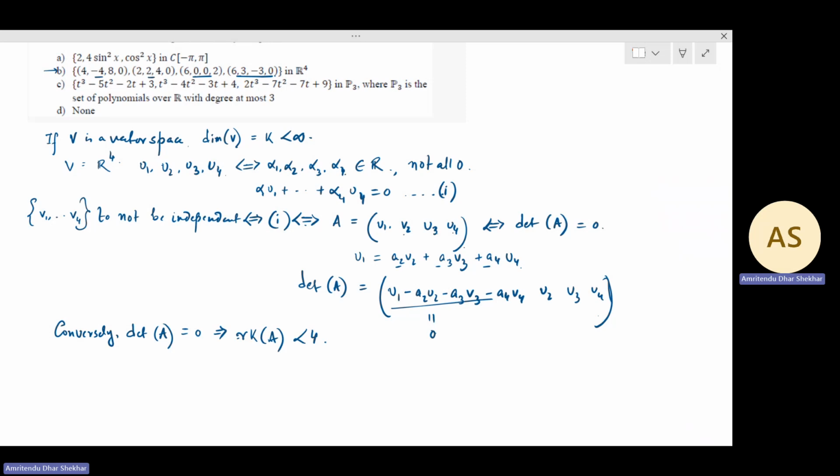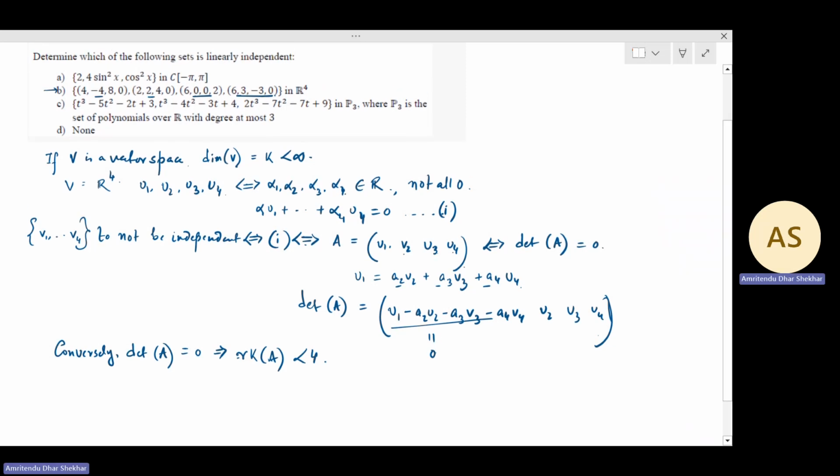Which in turn implies that one of the columns can be written as a linear combination of the other columns. And so that set would not be independent.